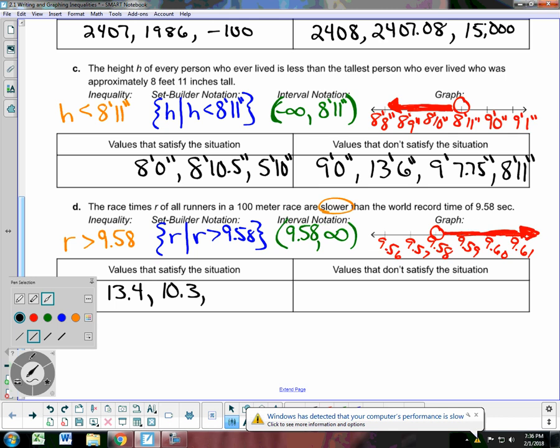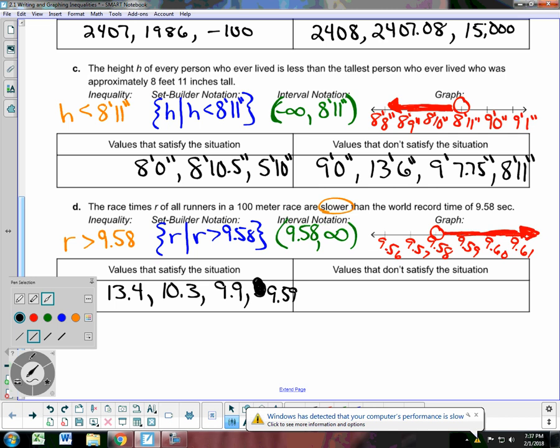For a boy, that would be satisfying this. Basically, any time that probably anybody in this room would run would satisfy, because more than likely you're not the fastest. So let's go, even 9.9 works. 9.59 also works because that's slower.